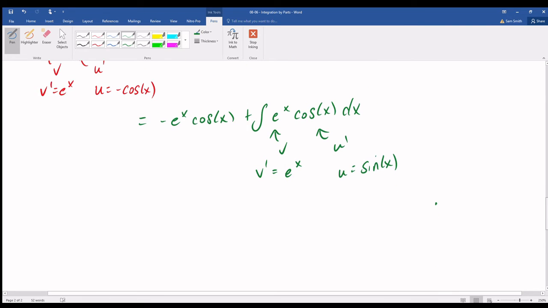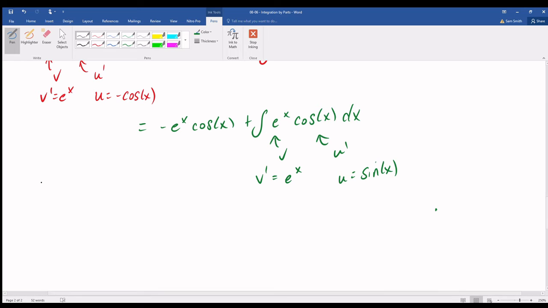Alright, so here we are, and by applying the integration by parts formula twice so far, we have found that the integral of e to the x sine x with respect to x, from the first loop, we found that this should be negative e to the x cosine x.